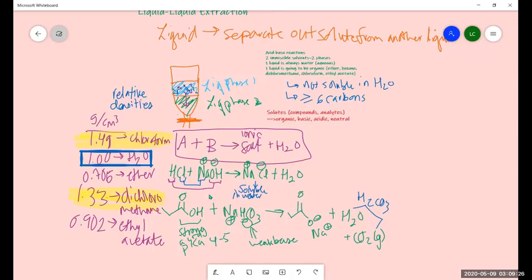That's why when you shake your separatory funnel, you vent it out, releasing the carbon dioxide gas. Actually, your manual says the hydrogen carbonate forms carbonic acid, and then that can dissociate into these.